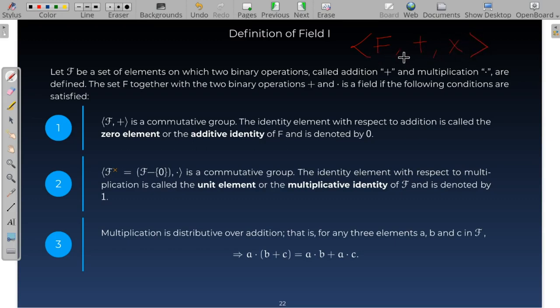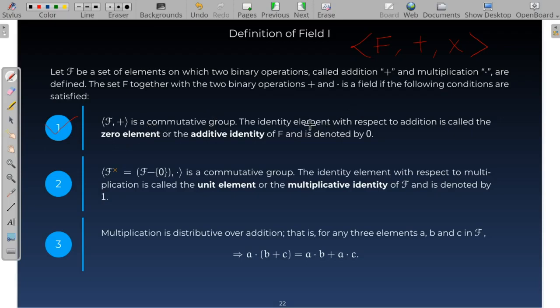So this triplet, an underlying set F, addition and multiplication, will be called a field if it is going to satisfy certain conditions. And the first of those conditions is that this set together with the operation addition is a commutative group, means that it is going to satisfy all the axioms of a group, as well as it is going to be commutative.